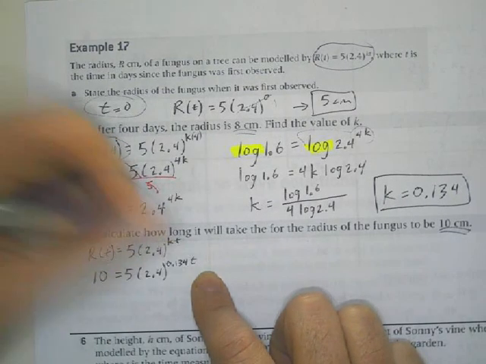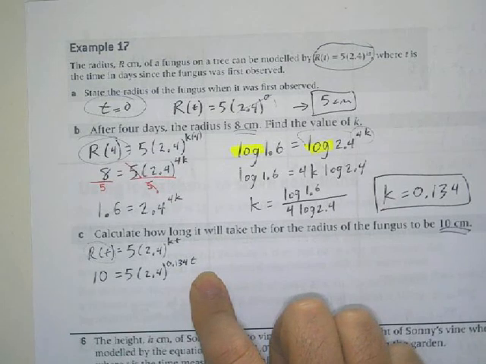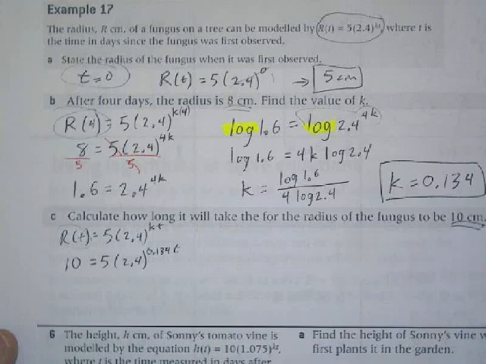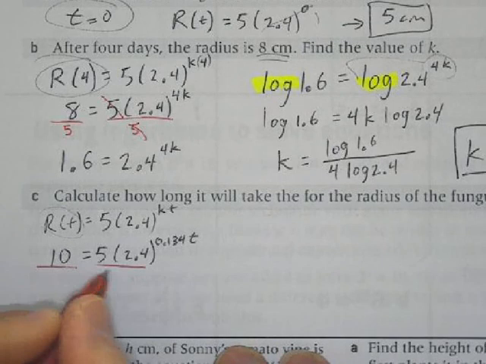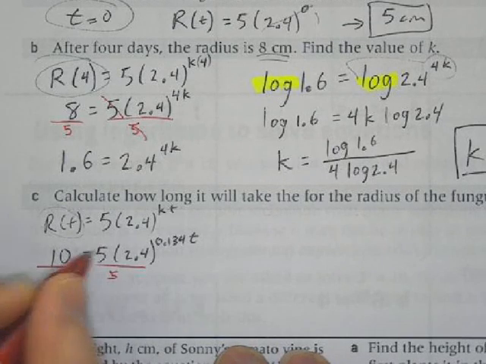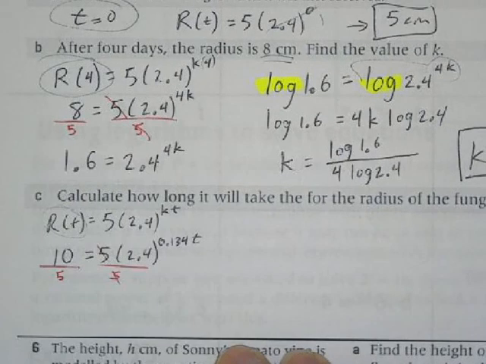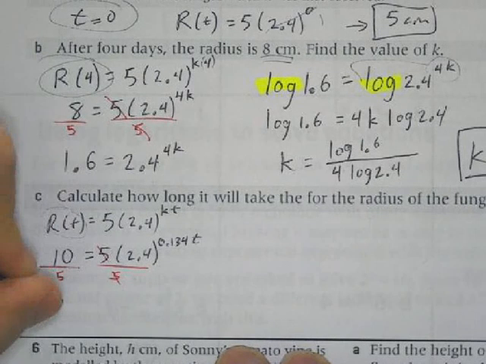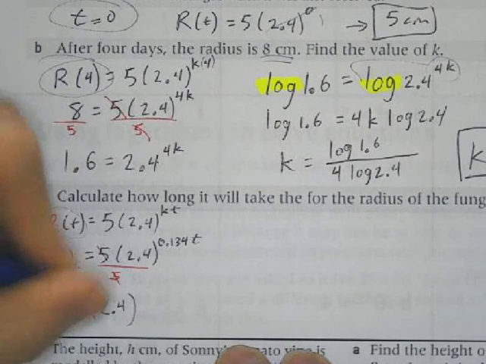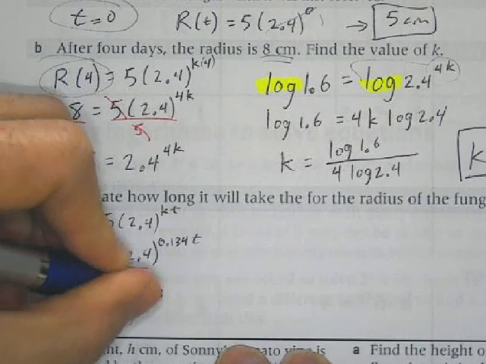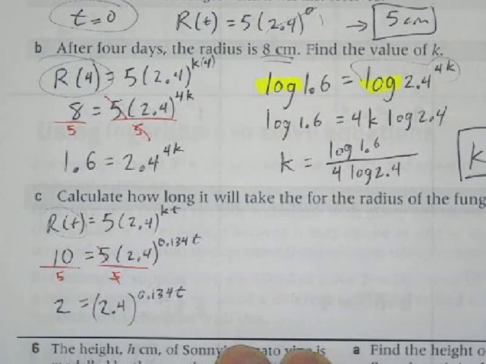We're trying to solve for t. First thing I'm going to do is divide both sides by 5 to make that go away. And now I've got 2 equals 2.4 to the power of 0.134t.